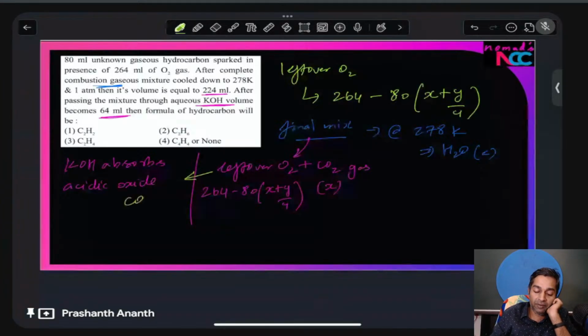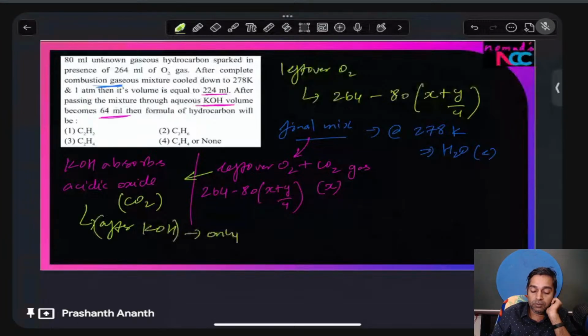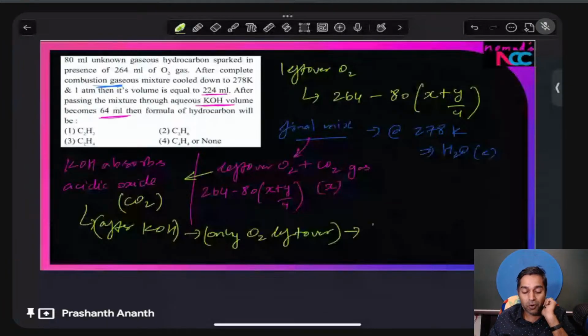Meaning that after KOH, we will only have oxygen leftover. So if there's only oxygen leftover, that is clearly given as 64 ml. Meaning I don't need to sit and do this full calculation. No need to do all that funny business here. We can directly proceed and get the thing done.